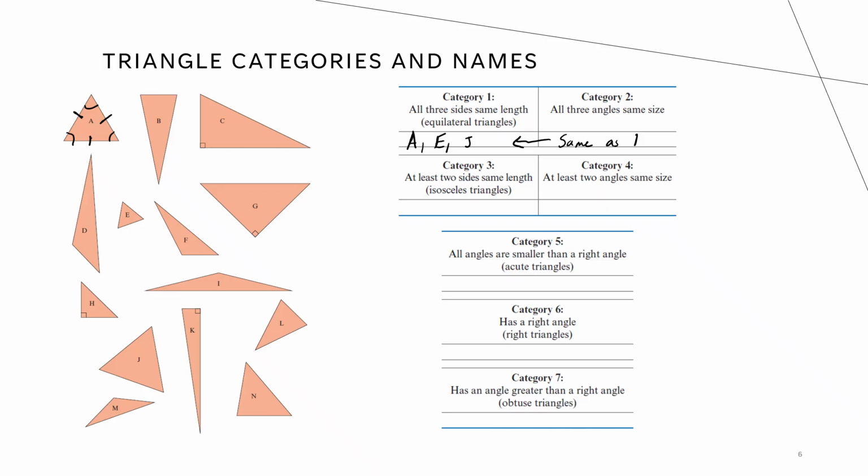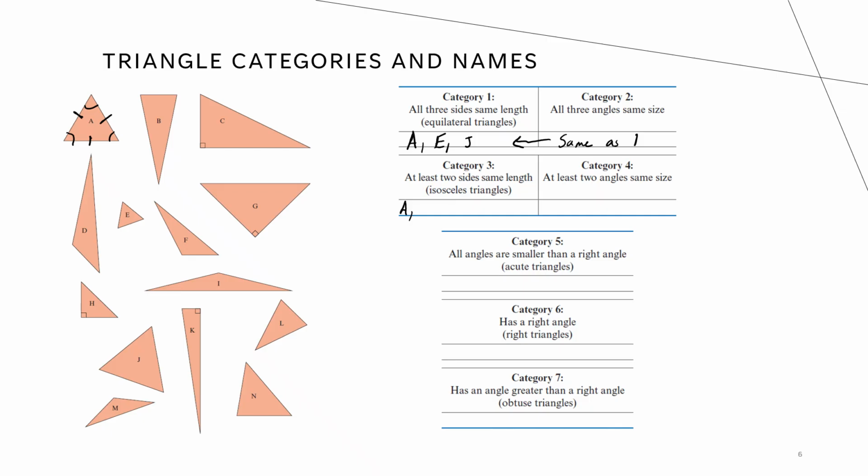Now, isosceles triangles, there are a lot of them in there. Some people would argue that they wouldn't want to include A in here because it's equilateral, but it has at least two sides the same length, so we're going to say it's isosceles. Once again, some people will say exactly two. Think back to trapezoids where it's exactly one set of parallel lines versus at least one.